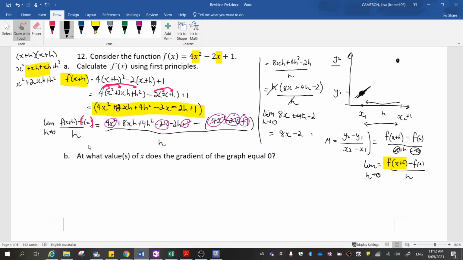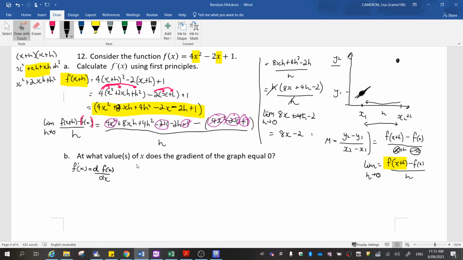Okay, so the next part: at what values of x does the gradient of the graph equal 0? If we're looking for the gradient, that means we're looking at the first derivative. I could call it this, or I could call it d over dx of f with respect to x.